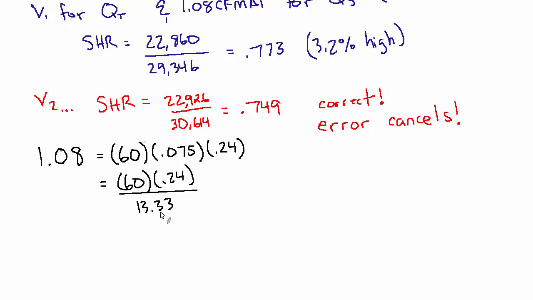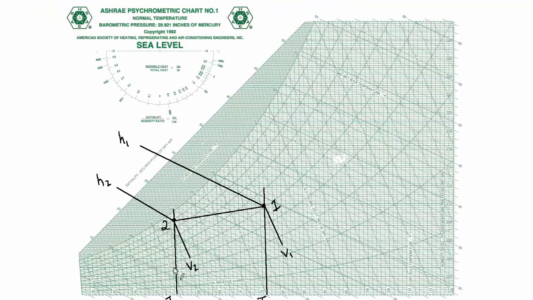So if your entering air condition just happens to be on the line of constant specific volume of 13.33, then the rule of thumb will be spot on. Well, where is that line? Let's jump back over to our psych chart. Here's 13, 13.1, 13.2, 13.3, so it's somewhere a little bit past there.